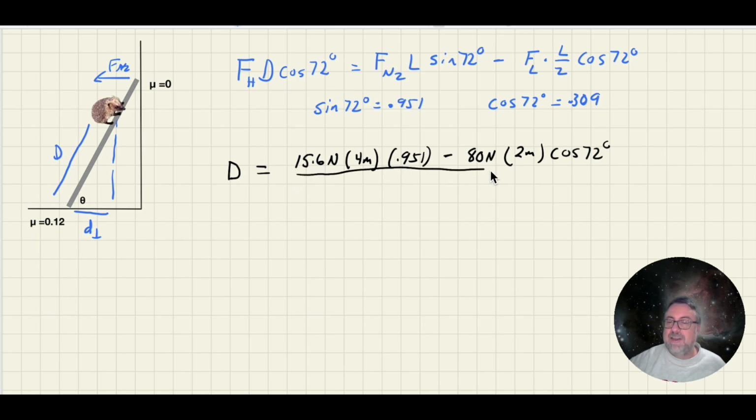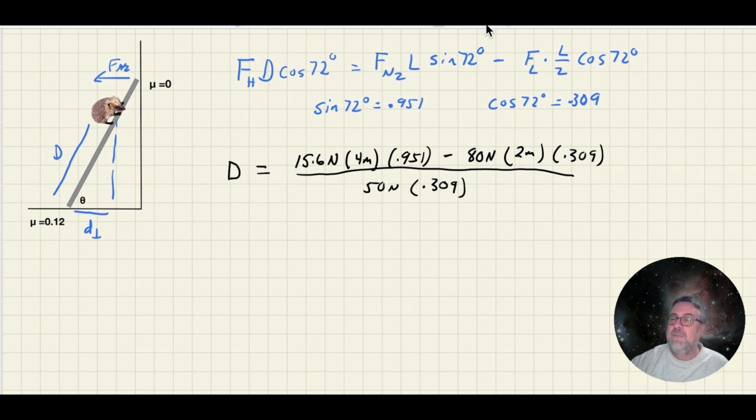And I'm going to have to divide by the weight of Harry, which was 50 newtons, times the cosine of 72, which is 0.309. So let's calculate this.